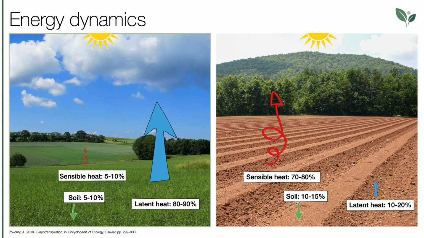A big contrast to the 80 to 90% coming from vegetated area. These changes in the distribution of sensible and latent heat, as demonstrated by the two situations, come with crucial consequences.